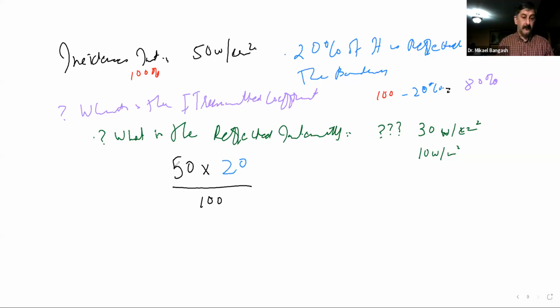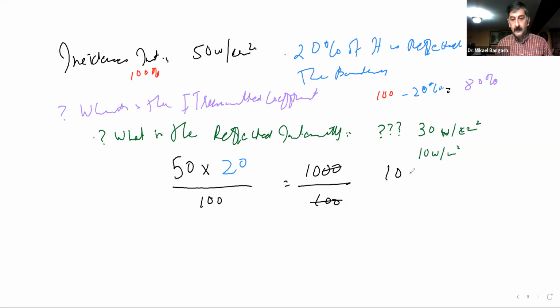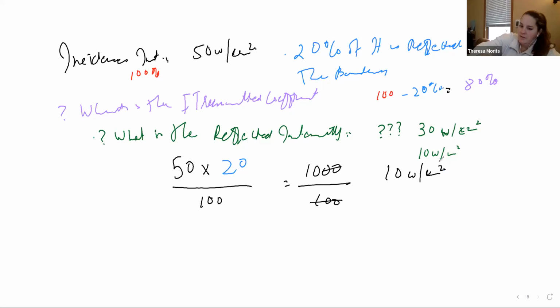So 50 multiplied by 20 becomes 1,000, divided by 100 is 10. So it's going to be 10 watts per centimeter square. Did you get that? Yeah, I understand it. Thank you.